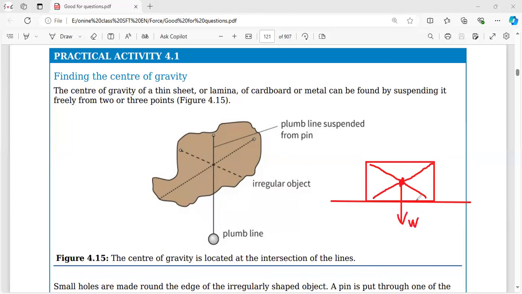Yes, the symmetrical center. However, in an irregular object case, you can see we cannot guess it, and there's no symmetrical shape.